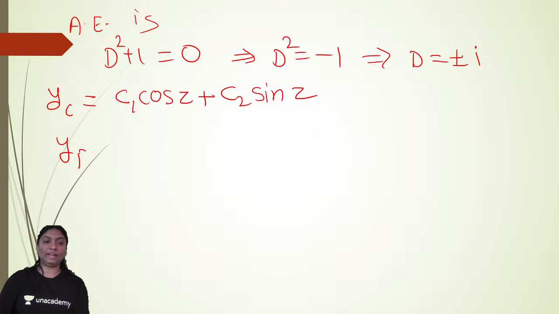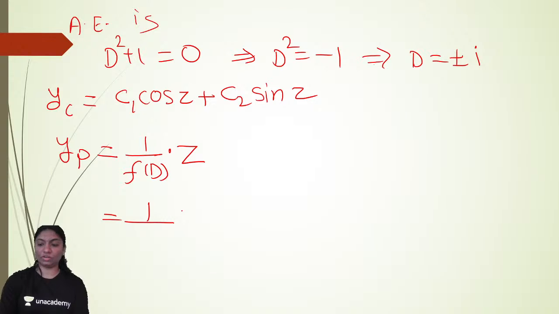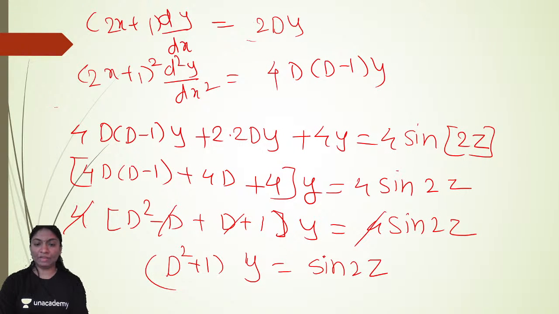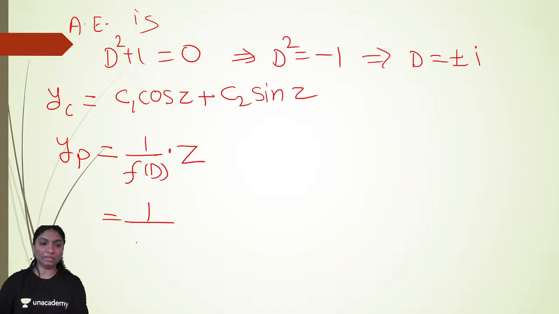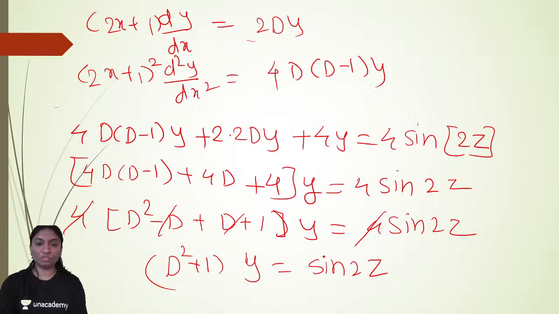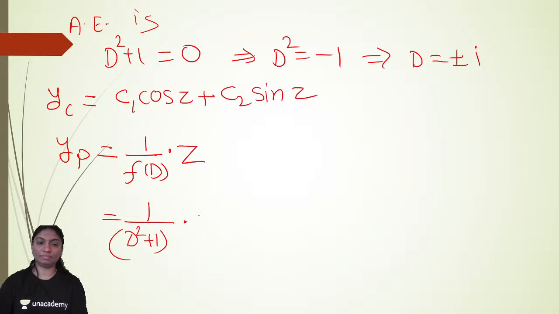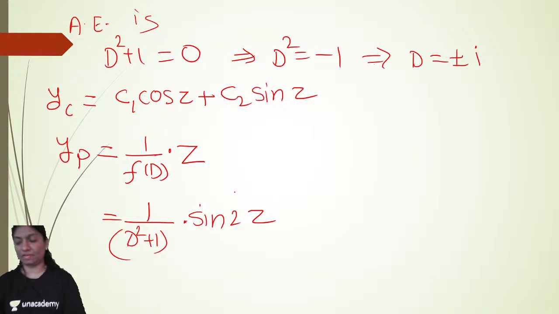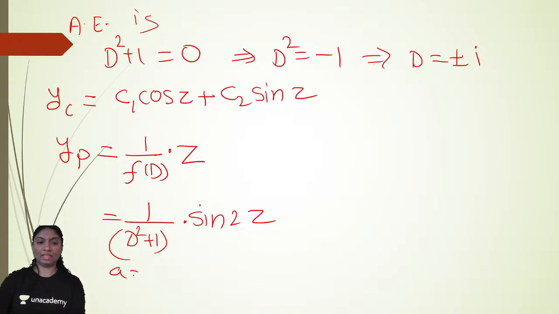Now we'll find out yp. So what is our yp? It is 1 upon f of D into the function of z. What is our f of D here? f of D is D square plus 1, and the function of z is sin 2z. Again, simple way, sin 2z. Here a is equal to 2, so a square is equal to 4.